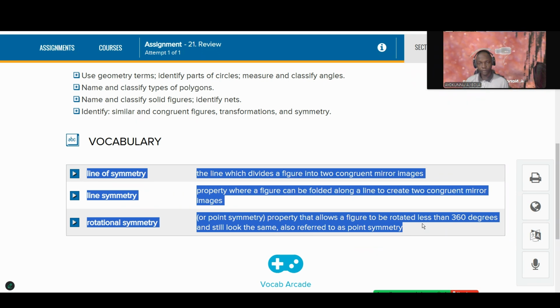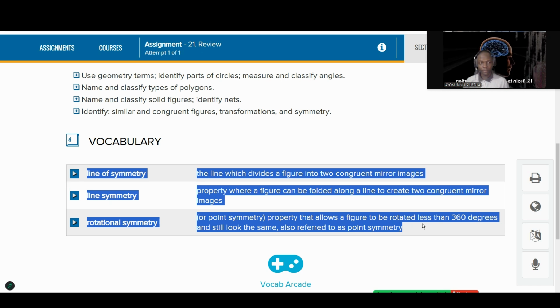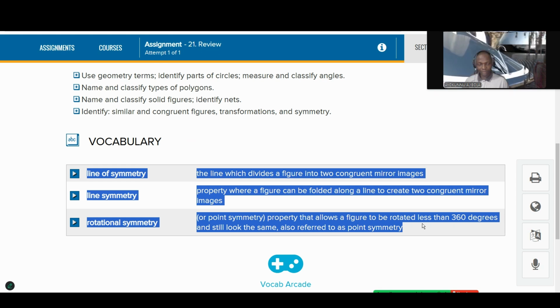Rotational symmetry, or point symmetry, a property that allows a figure to be rotated.